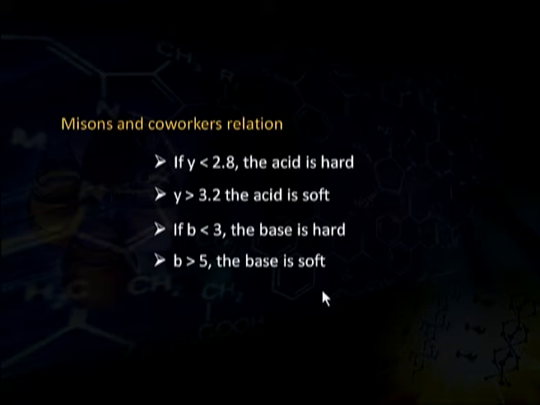If the value of B lies between 3 and 5, then the bases are considered to be borderline bases. Similarly, if the value of Y lies between 2.8 and 3.2, the acid is considered to be a borderline acid. Similarly, we can see for X and A also.